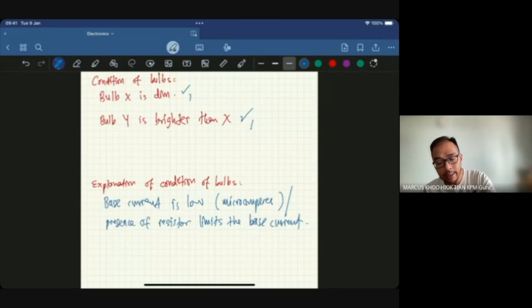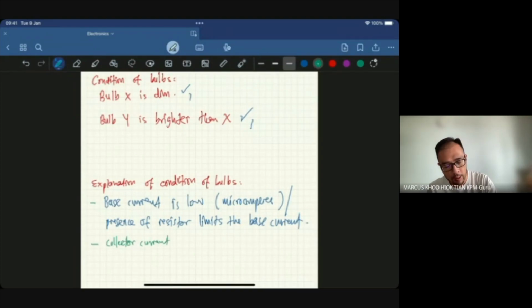The second explanation is about bulb Y. So you can flip it the other way. The collector current is high, at least higher, in milliamperes.